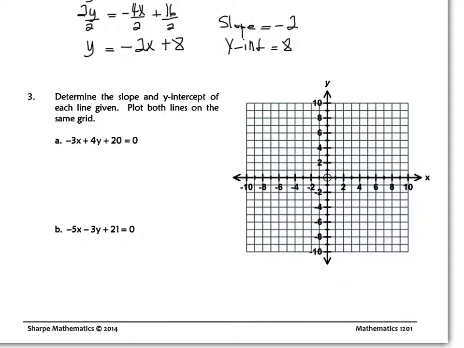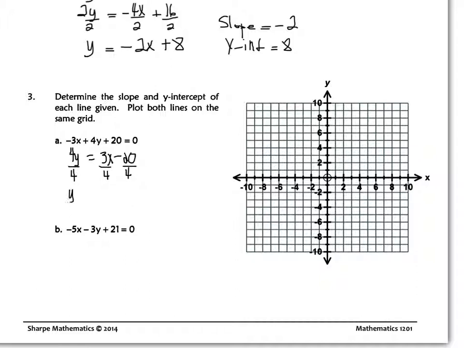Okay, question 3. Determine the slope and y-intercept of each line given, and then plot both lines on the same grid. So the first thing we're going to do is isolate the y. So bring the x term over to the other side. It becomes a positive 3x on the other side. And then the positive 20 becomes a negative 20. And then you want to divide everything by 4.